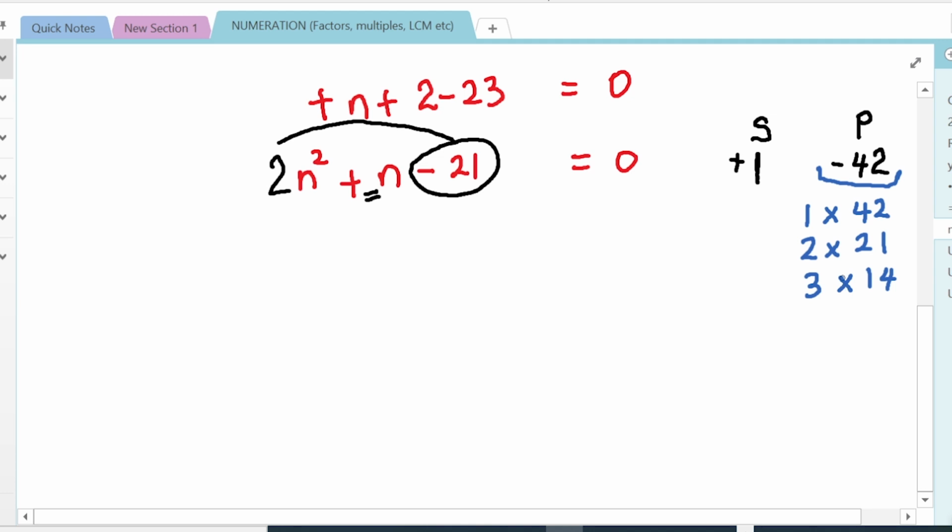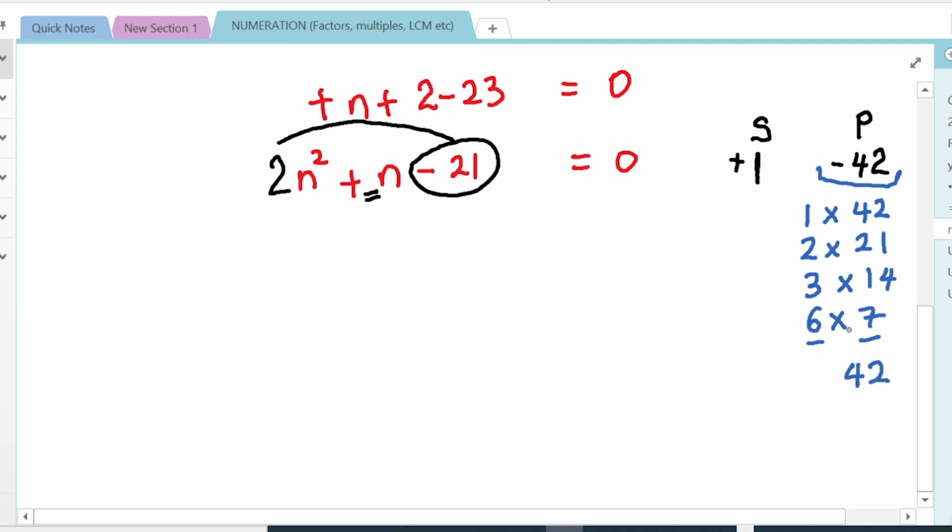Then I think 4 does not fit in there. 5 won't fit in there. We have 6 times 7 here. 6 times 7 will give us 42.